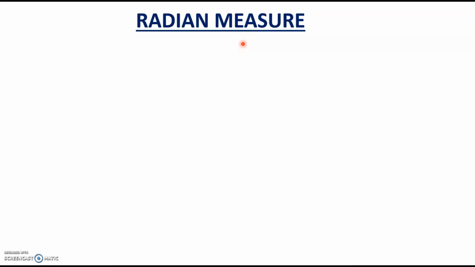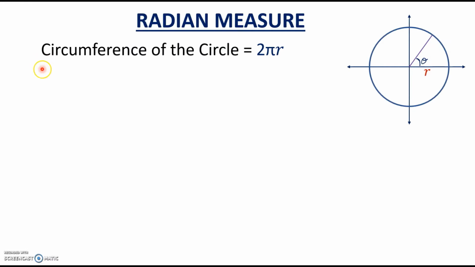In this video, we will understand what a radian measure is. We know that the circumference of the circle is given by the formula 2 pi r units, if r is the radius of the circle.